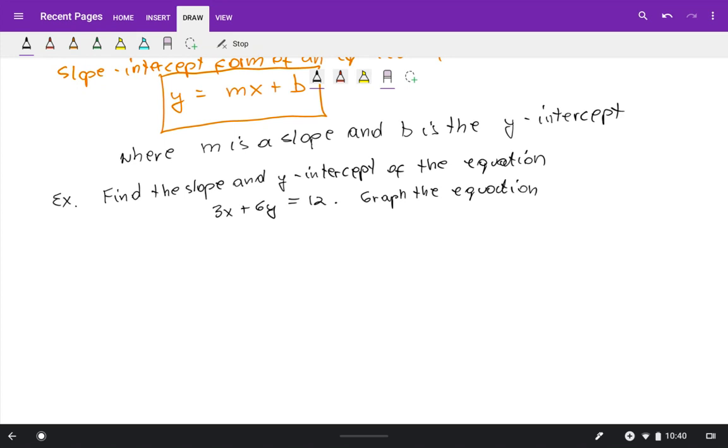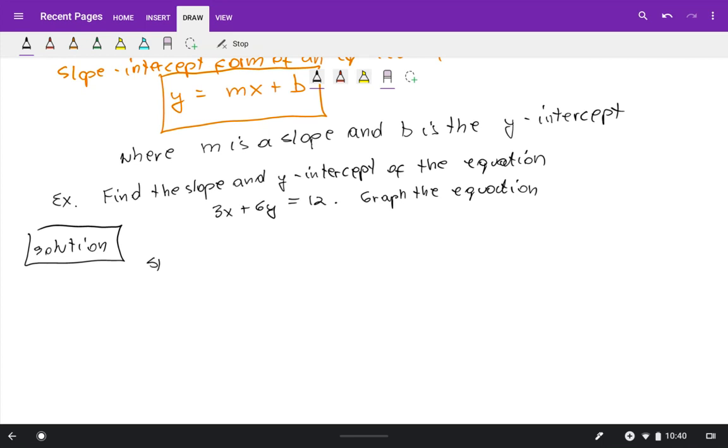Okay, so let's talk about the solution. You need to apply a little bit of algebra here. To be able to find the slope and y-intercept, you need to rewrite the given equation in slope-intercept form.